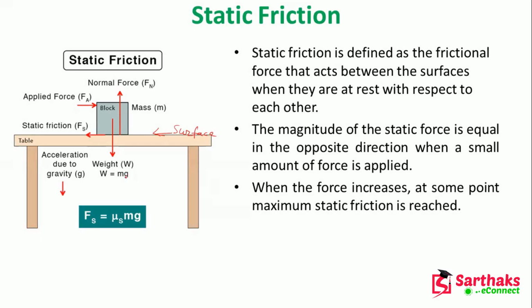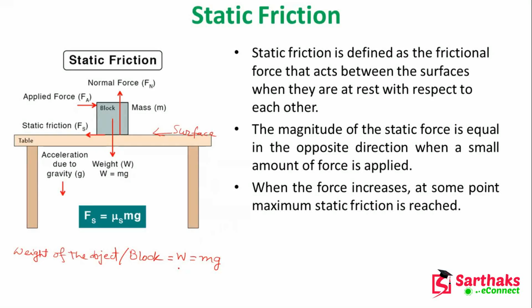So the weight of the object, or you can say block, equals W, and that is mg, where m is the mass of the block and g is the gravitational acceleration.